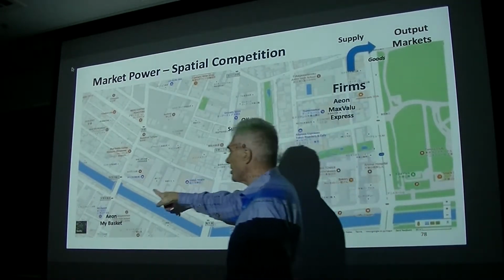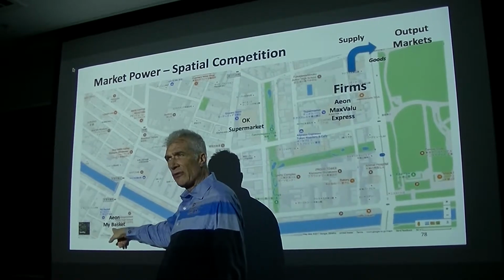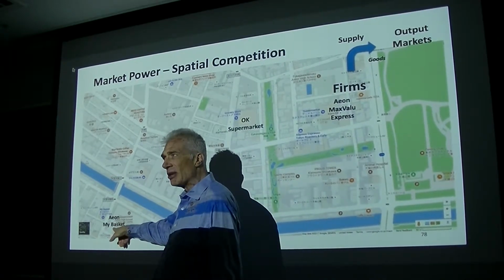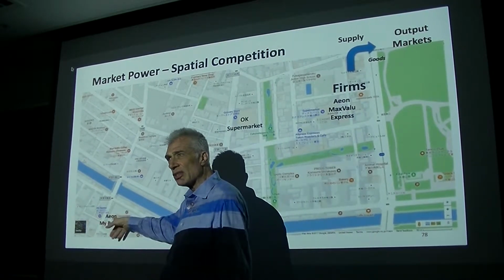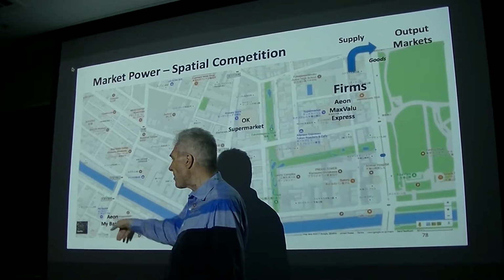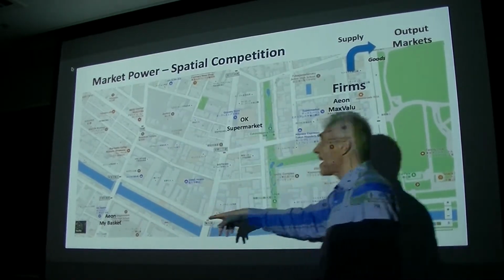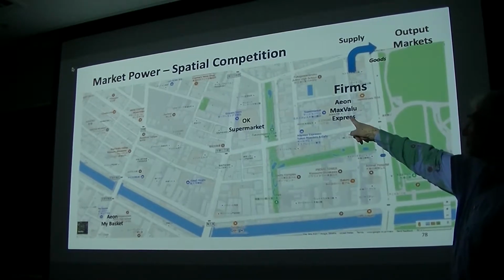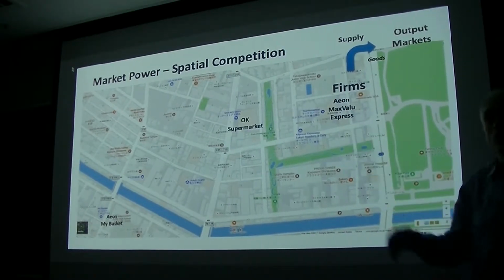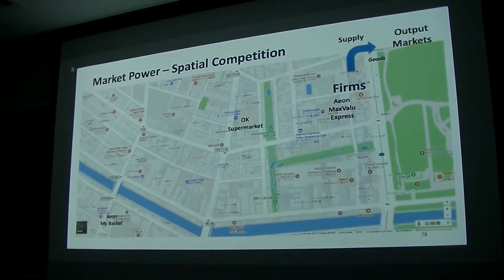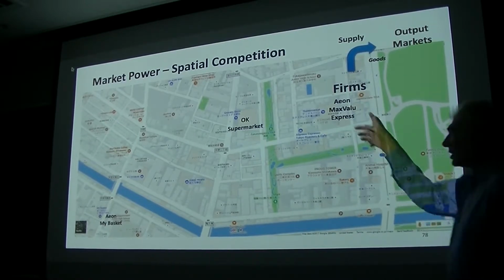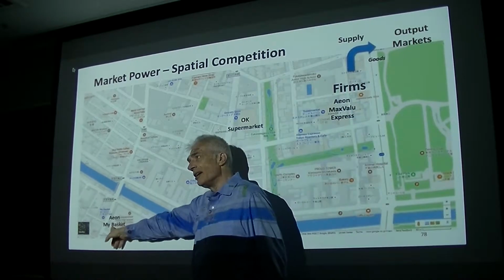And you have this My Basket. If you look around, the Eon has different size stores, and the smaller stores they brand as My Basket. This is another Max Value Express. Then they have regular Super. They have different brands depending on the size of the store. Prices here are a little bit higher, with fewer goods.